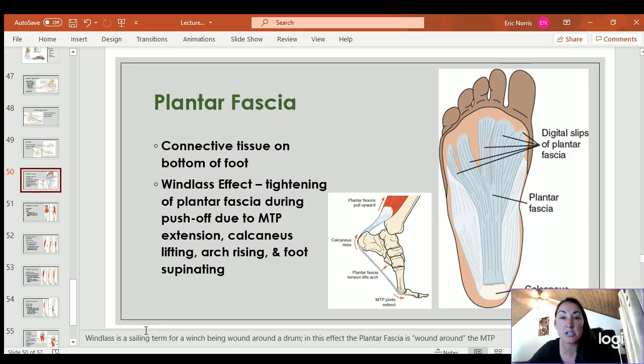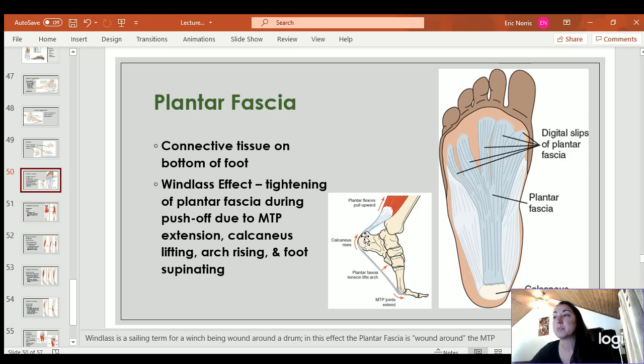Windlass is a sailing term, when a winch is wound around a drum to make the rope more tight. When the plantar fascia is wound around the MTP joints, which is during plantar flexion, it becomes tight and assists with push-off during your gait cycle.